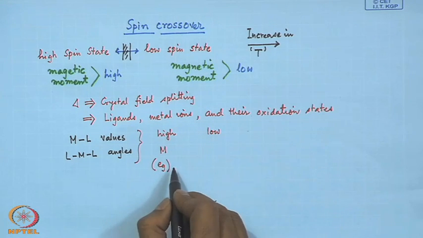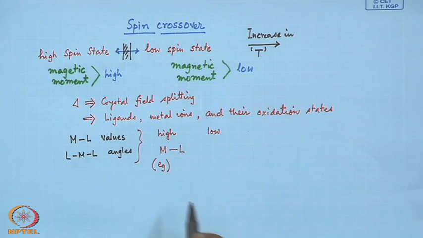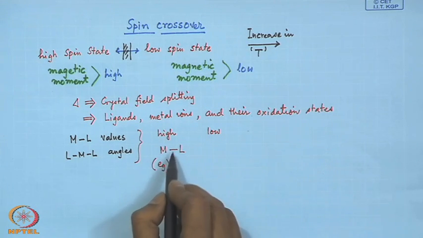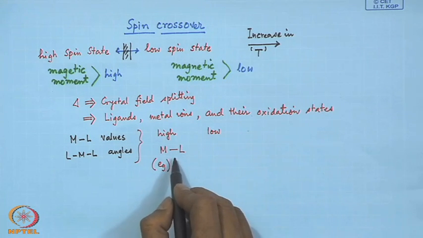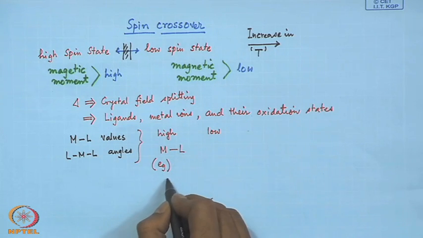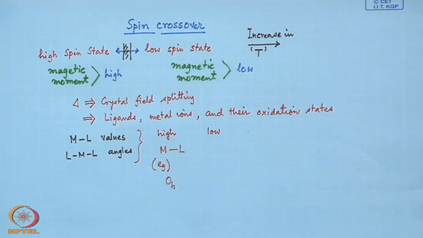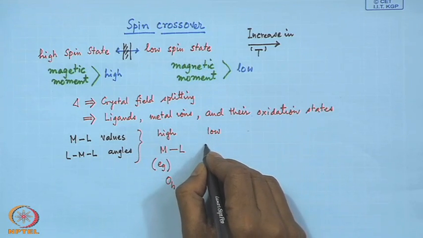The electrons in the eg level can give rise to longer M-L bond distance, because those orbitals containing the electrons are directly facing the ligands along the Cartesian axis in an octahedral geometry, say. So, the basic example is that in octahedral symmetry this M-L distance should be high.